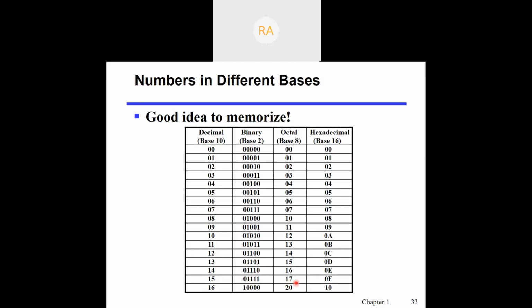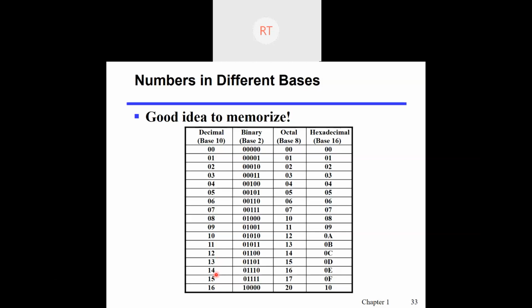Okay. How can you explain to me how 14 is 0E in hexadecimal? Yes, you were subtracting 8 in octal because the number exceeds 8.